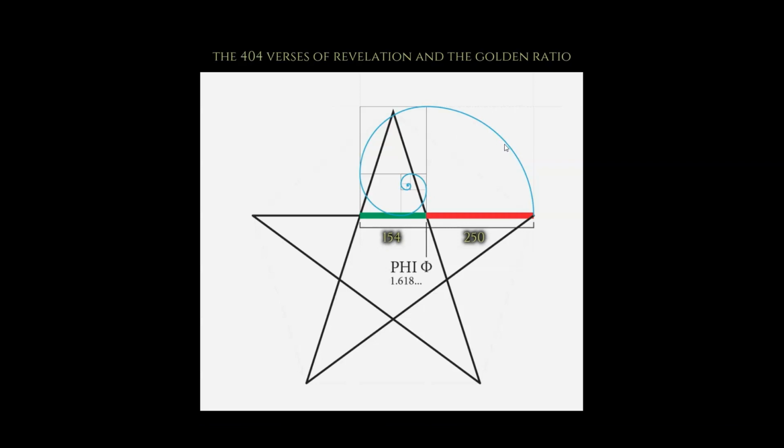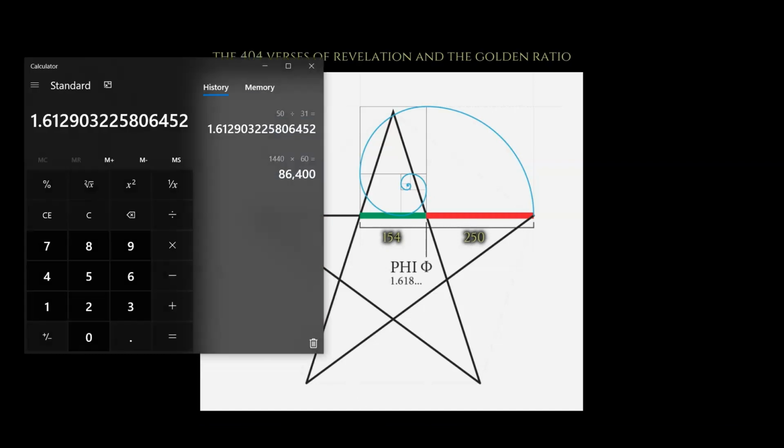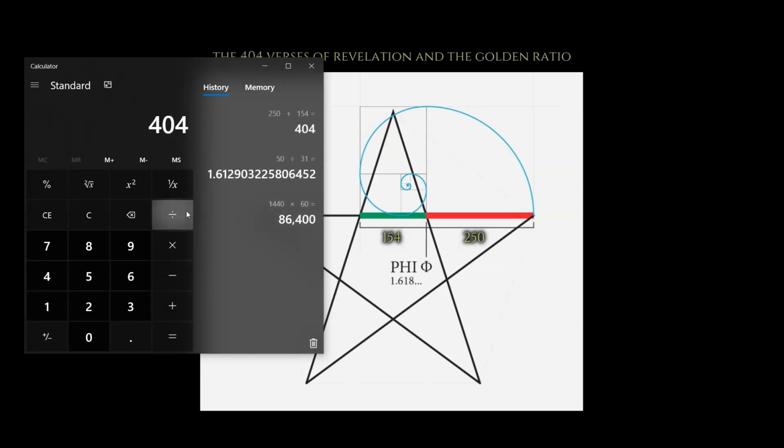And if we look at Revelation itself, if we split the 404 verses of Revelation into the closest approximation of the golden ratio as we can here, there are 404 verses in Revelation. So our closest approximation that we get here would be 250 divided by 154.